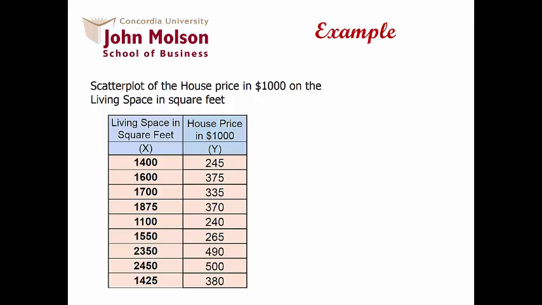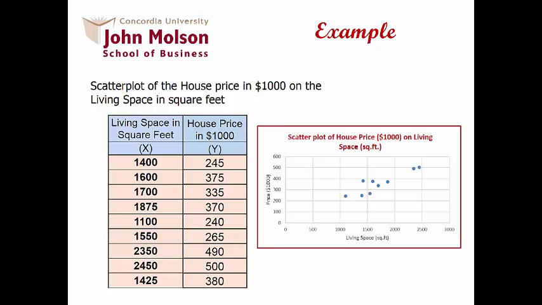Suppose here we have the scatter plot of the house price in $1,000 on the living space. I'm trying to understand the price of the house based on the living space. First observation tells me that a house of 1,400 square feet is priced at $245,000.